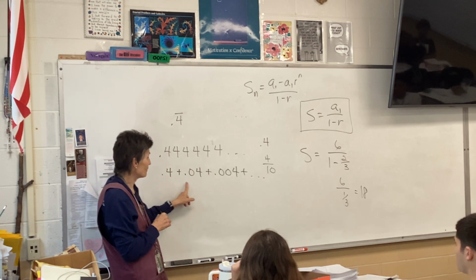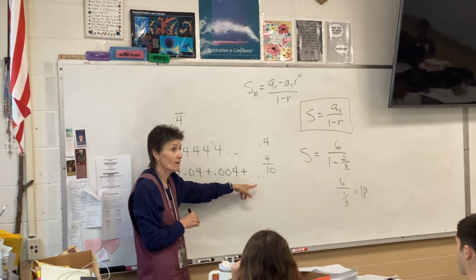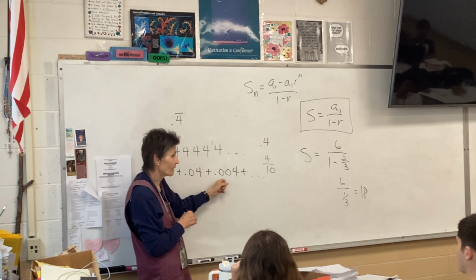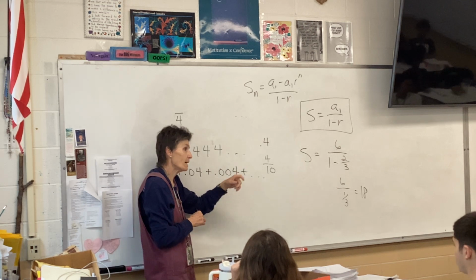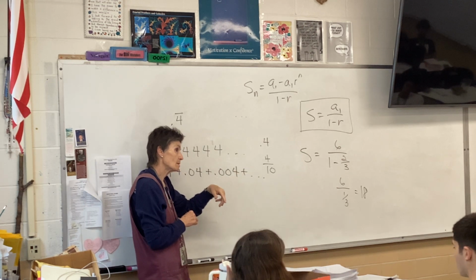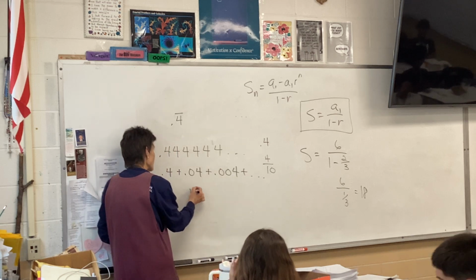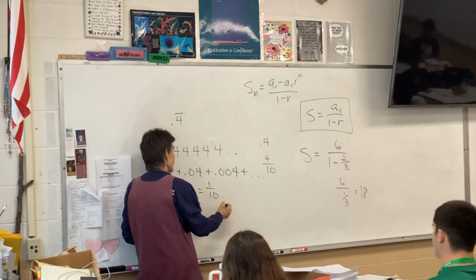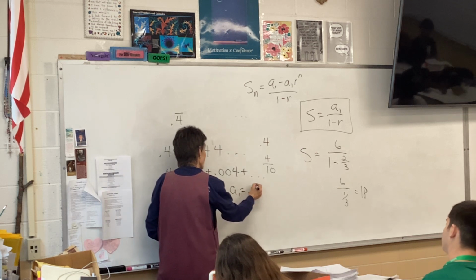Well, this is an infinite series. Infinite goes on forever. And what am I doing here? What am I multiplying by? 1/10. So the ratio is 1/10. The first term is 0.4.